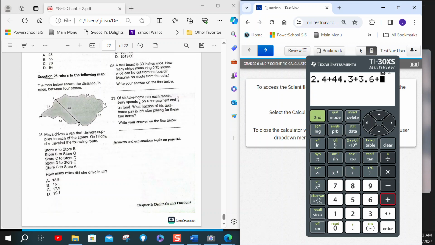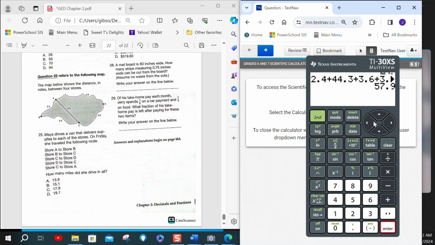D to C. So we go back, it's still 3.6. And then C to A. C to A, we have it as 4.0. And our final answer is 50.